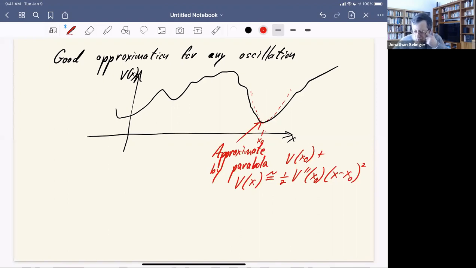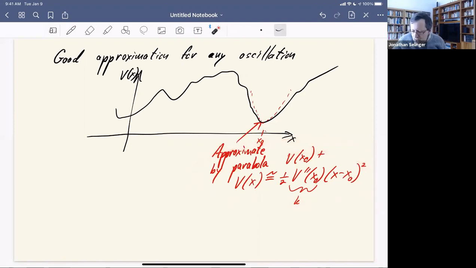And then we could say, this is something like a spring constant. And this problem maps onto the harmonic oscillator as long as the oscillations are pretty small, so that the higher order terms in this expansion are negligible.